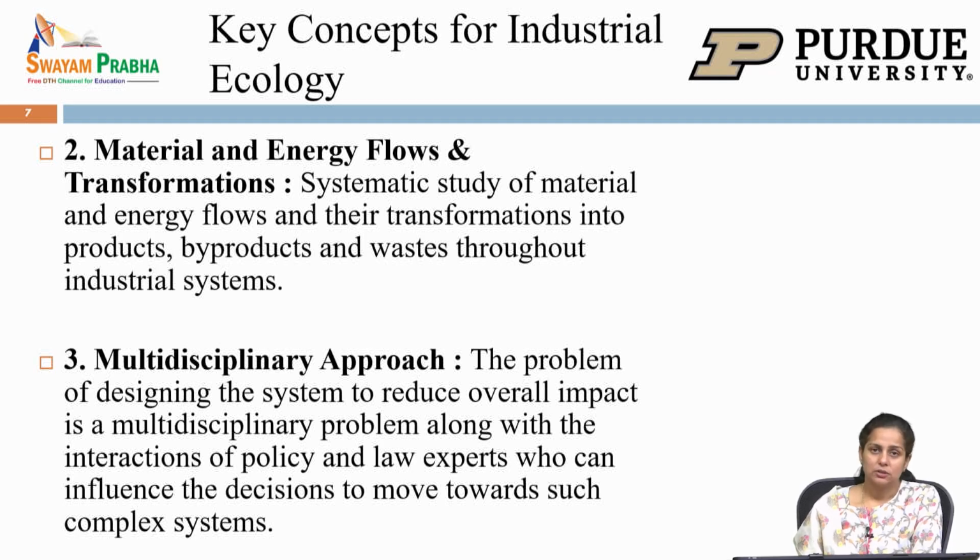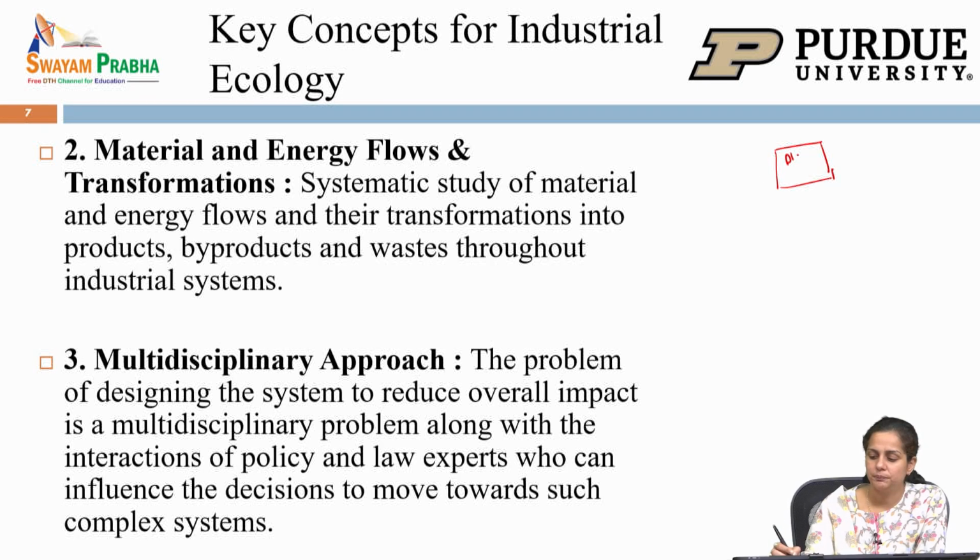And then the last is, of course, the multidisciplinary approach. Since when you are looking at industrial ecosystems, you might have different types of industry. So, I might have a plastics manufacturing industry, which is a chemical transformation, and then that could go into the packaging industry. Your packaging industry is mostly a mechanical process of converting plastic into various kinds of packaging.